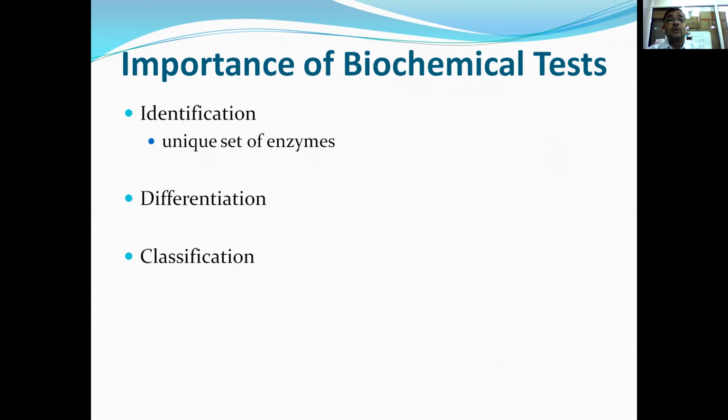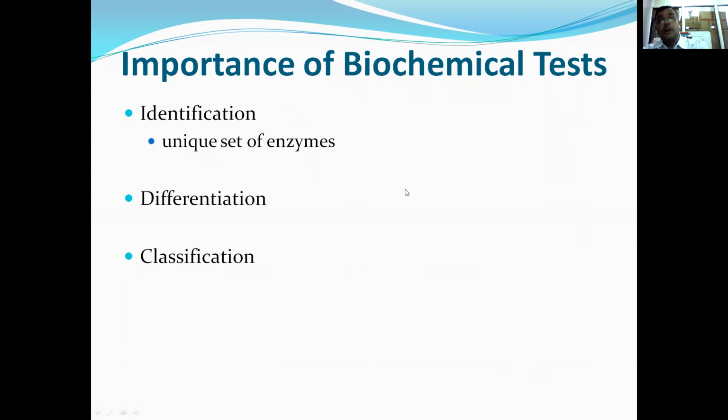Nowadays molecular tests are replacing some biochemical tests because of some inherent lacunae or disadvantages. So over the biochemical tests, there are many molecular tests nowadays relied on for classification, identification and differentiation. But still we cannot remove biochemical tests from microbiological study.